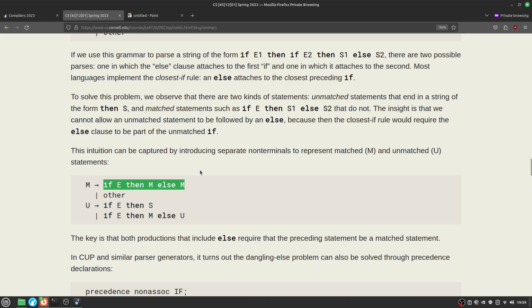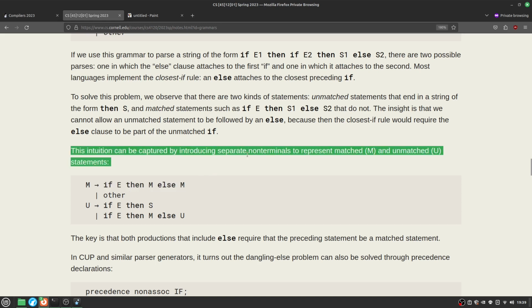The insight is that we cannot allow an unmatched statement to be followed by an else, because then the closest if rule would require the else clause to be part of the unmatched if. This intuition can be captured by introducing separate non-terminals.